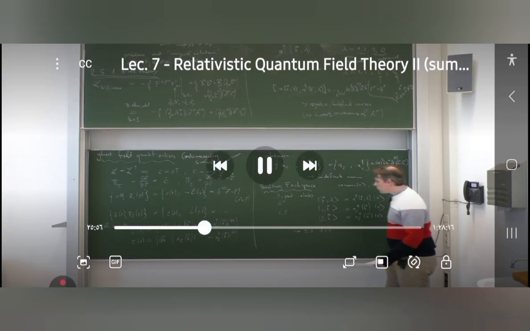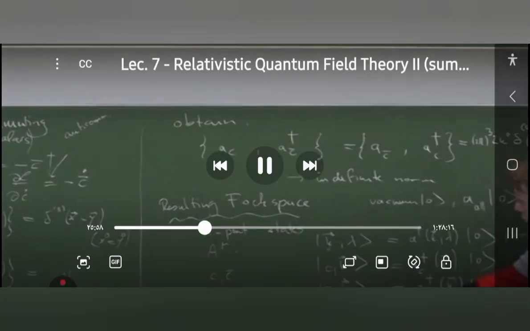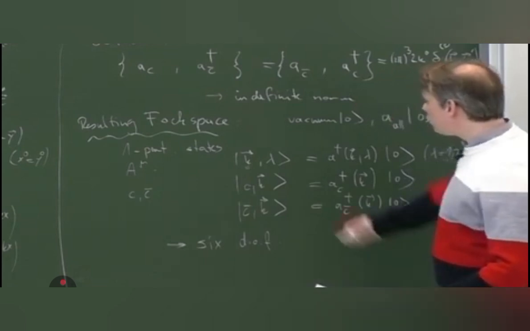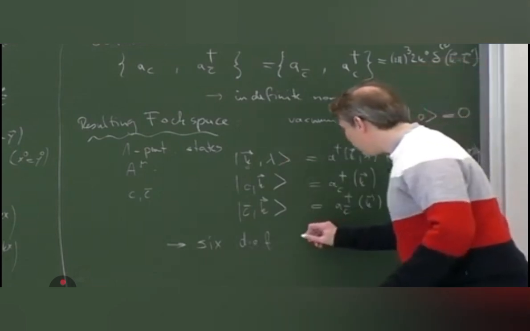The long-winded sentence is that for every value of k, which is a massless four momentum, there are 6 linearly independent states in our theory.